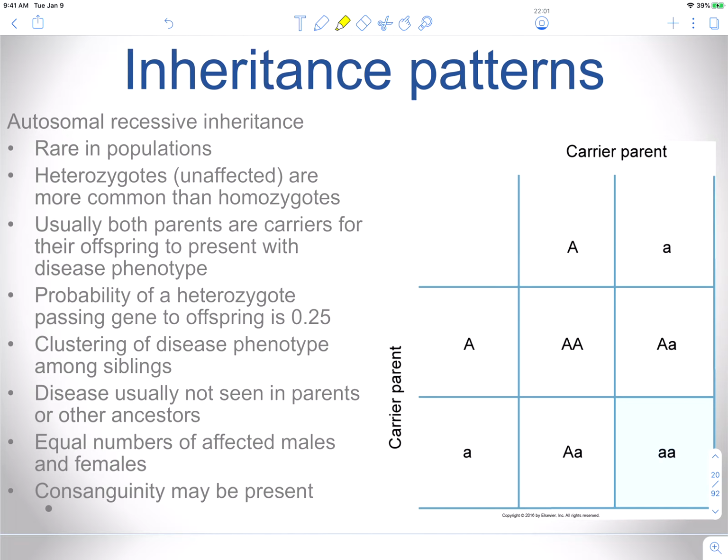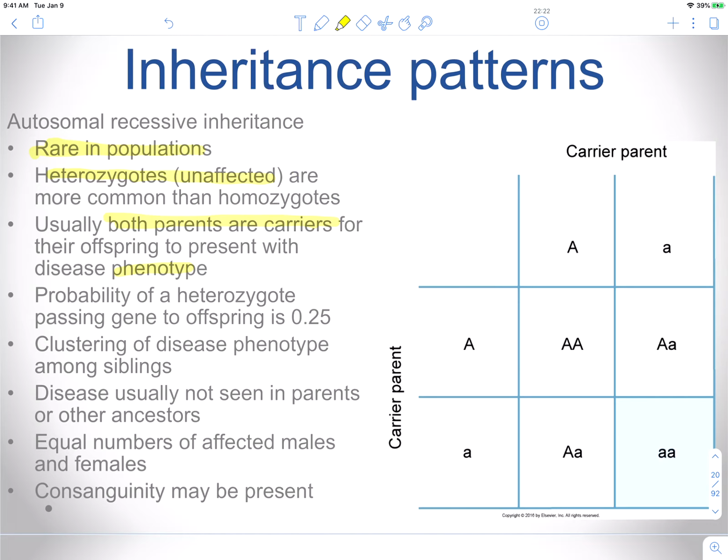Autosomal recessive inheritance patterns, on the other hand, are going to be rare in populations as well. The heterozygotes are unaffected. They are also going to be more common than homozygotes, so you can have a trait hidden in a family pedigree. If you have an offspring with the phenotype, usually both parents are carriers.